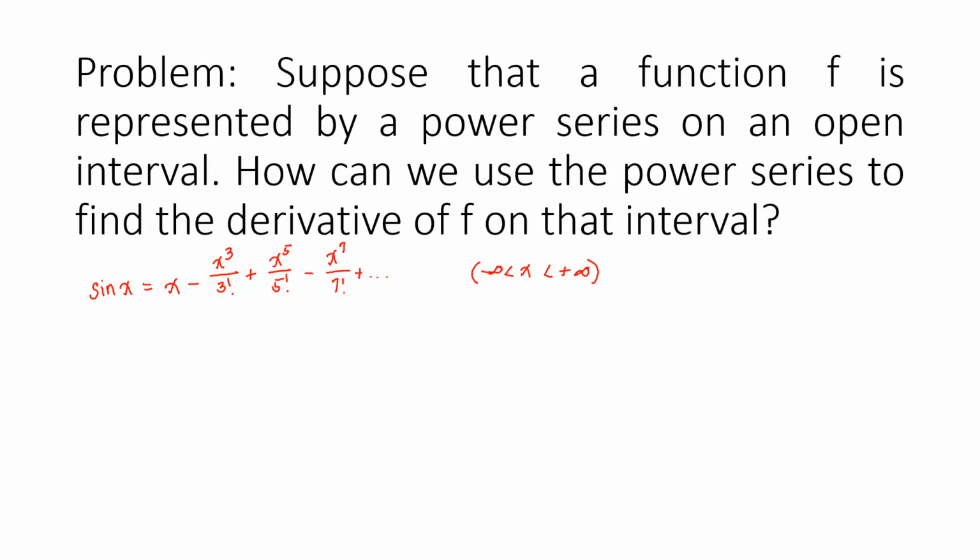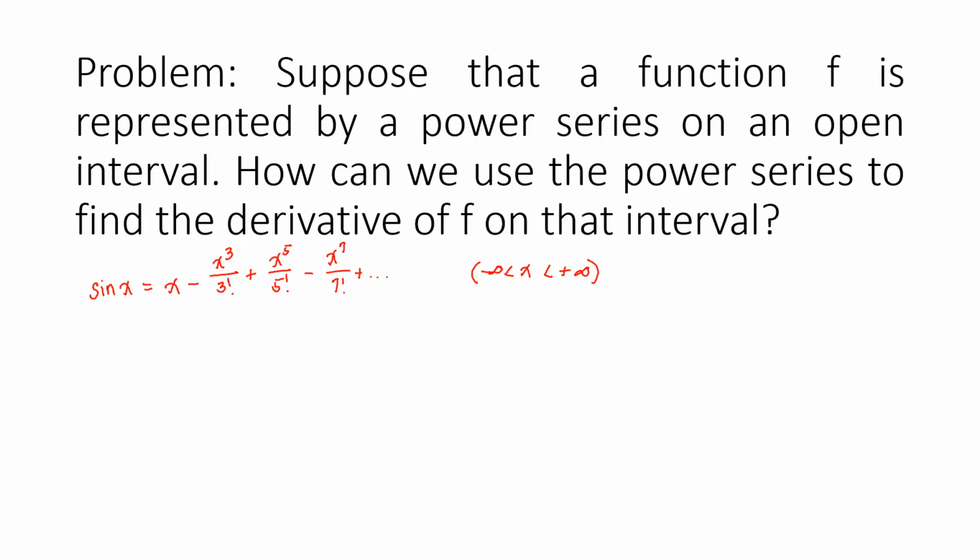The solution is easy. All we need to do is differentiate the Maclaurin series term by term and observe that the resulting series is the Maclaurin series for cosine x.